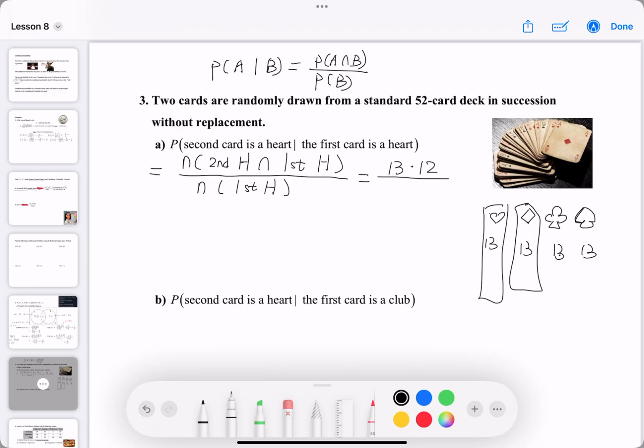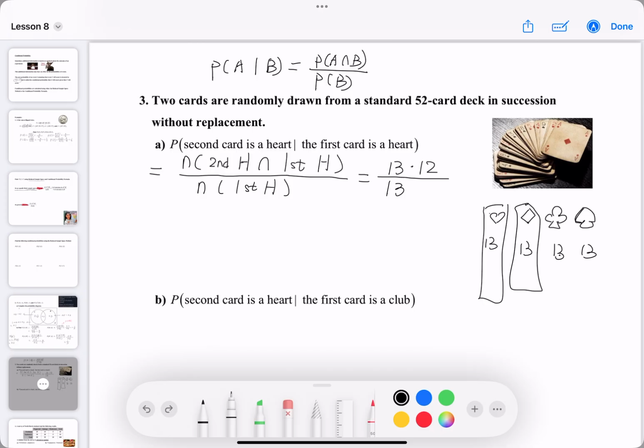And the denominator, let's see. My first card is a heart, so in total I have 13 hearts. And how about my second card? It doesn't matter, because on the bottom I choose 2 cards randomly.